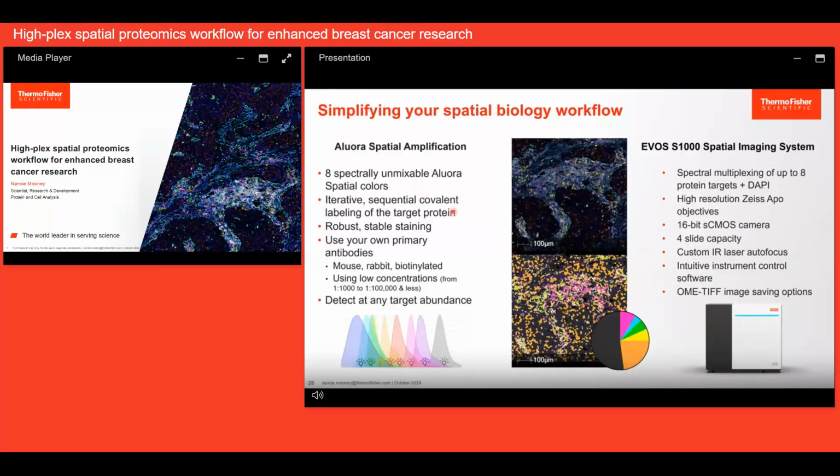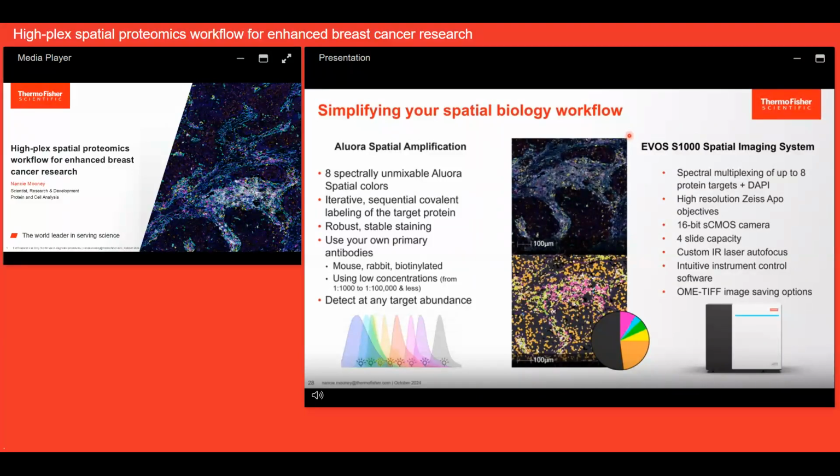This produces robust and stable staining on your tissue, using your own primary antibodies as long as they're mouse, rabbit, or biotinylated. You can use low concentrations of primary antibody from 1 to 1,000, even down to 1 to 100,000 to detect nearly any target abundance in your tissue on nearly any tissue type.